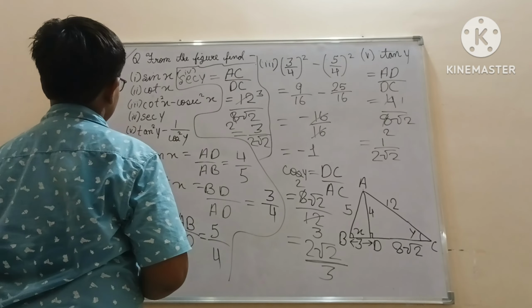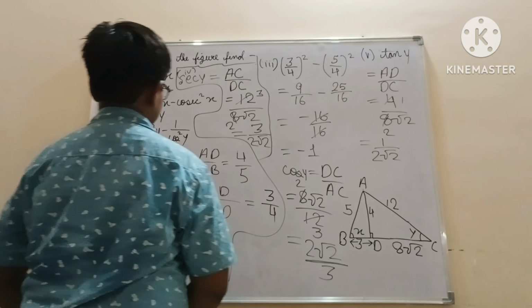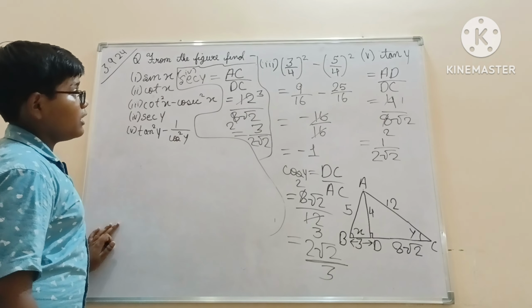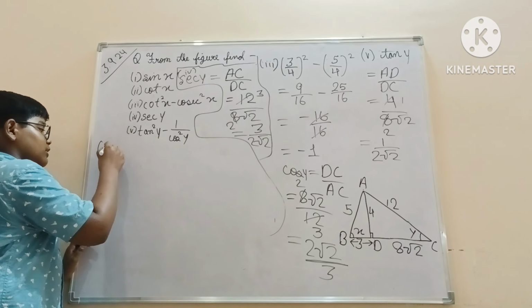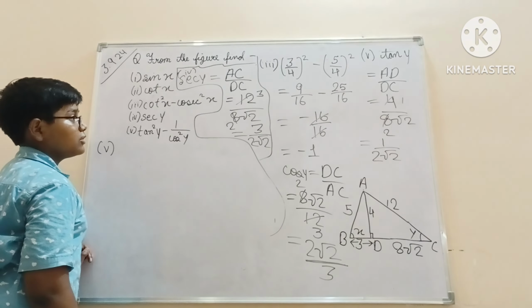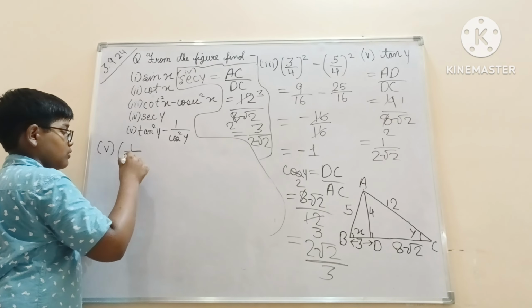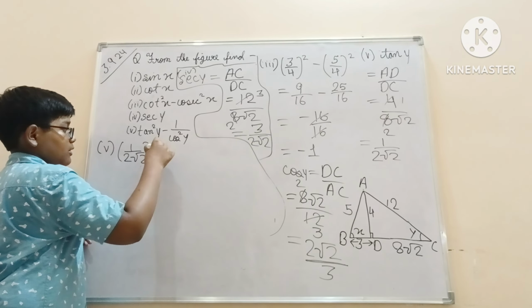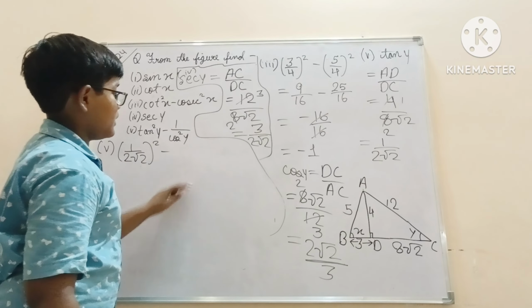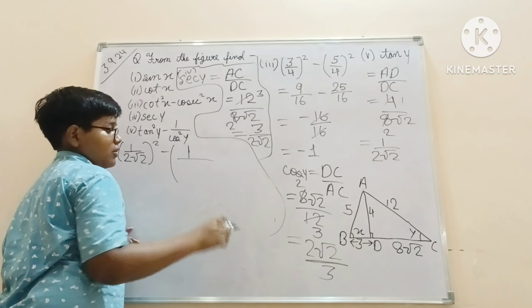Now we will find the value of tan squared y minus 1 by cos squared y. So we are continuing our fifth question over here, which is tan squared y minus 1 by cos squared y. So tan y's value is 1 by 2 root 2, which will be squared, minus 1 divided by cos squared y.